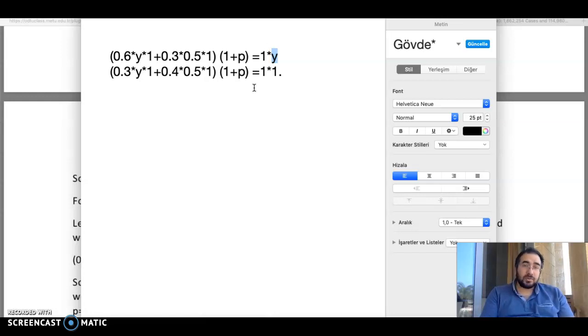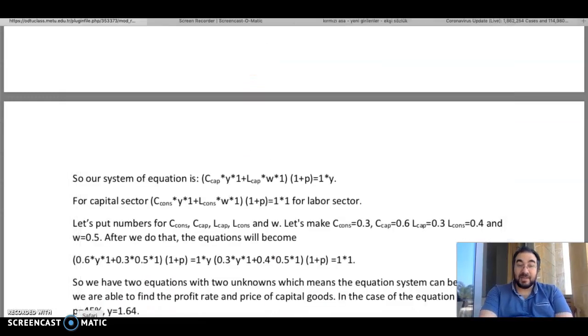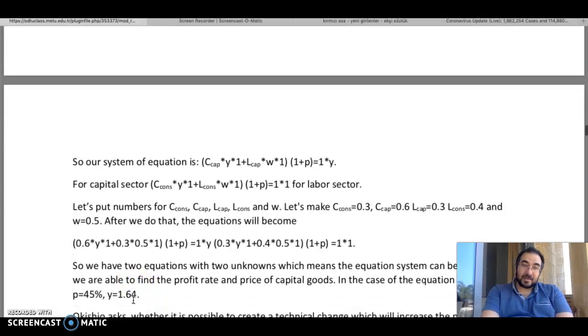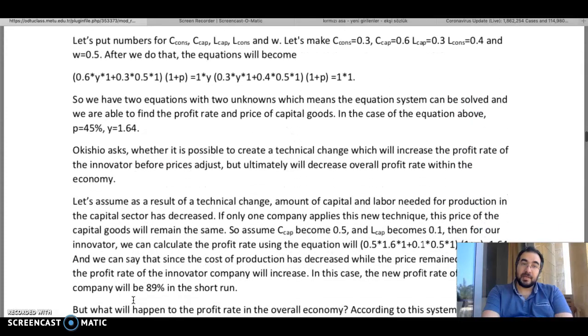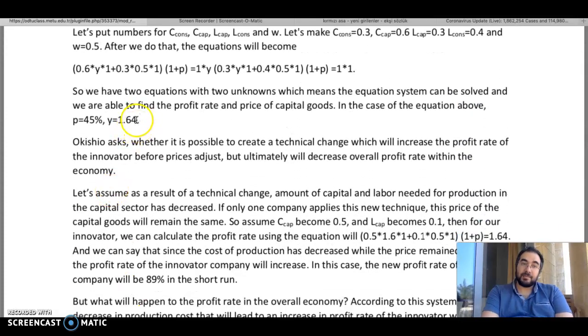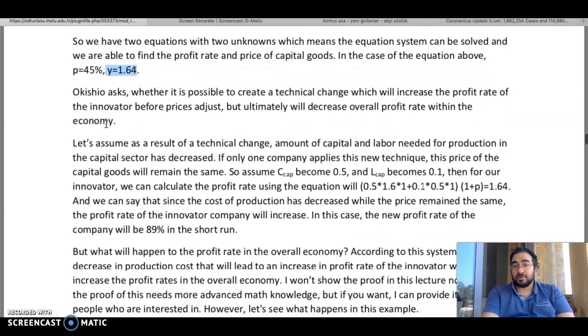I'm not going into how to solve this, which you don't need to know, but if you are interested, you can solve it. I did the solving process, and the results are: p is 45%, y is 1.64, which means its price is 64% higher than the consumer goods.